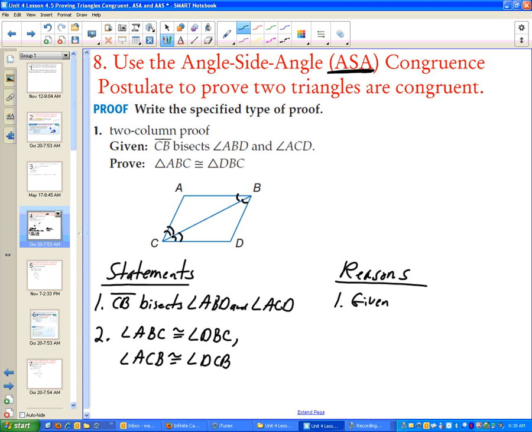How do we know those angles are congruent? Yeah, because that's what an angle bisector does. Whenever the reason is because that's what it does, what you're really trying to say is that's the definition. Okay? So that's the definition of angle bisector.